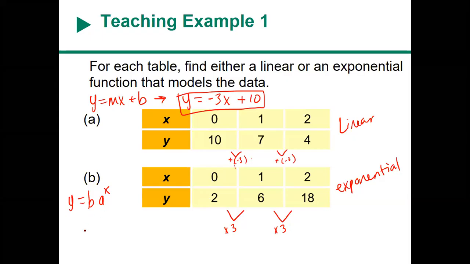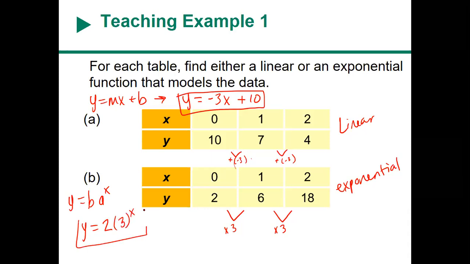What are you changing by? So in this case, what is our y-intercept? 2. And what are we changing by? And so this would be our model. How do you feel? Doable? Okay.